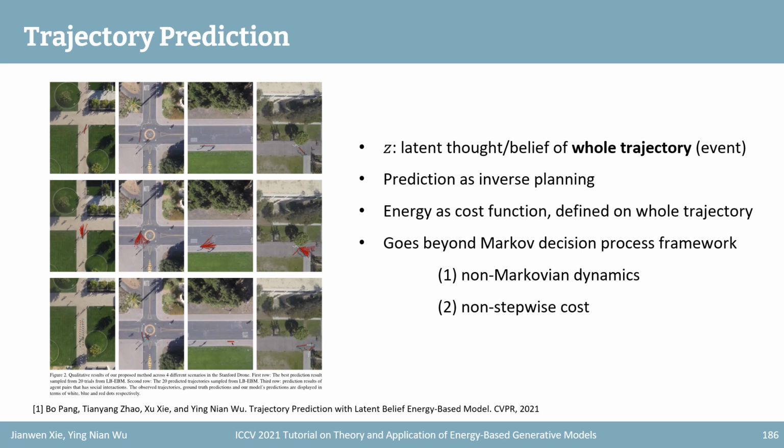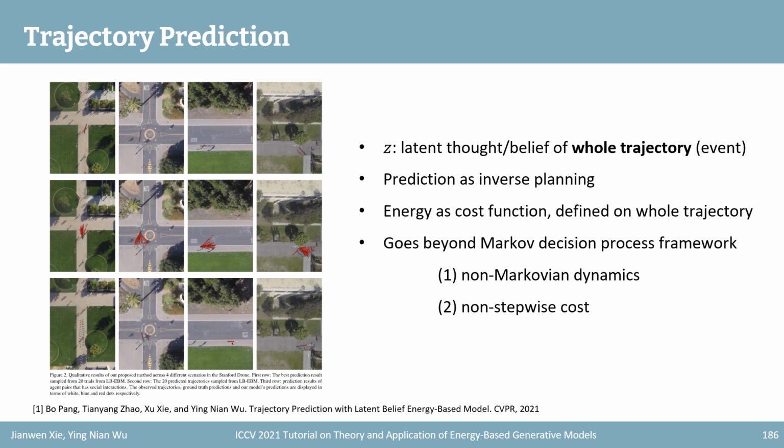This formulation, I think, is very important because it goes beyond the Markov decision process framework, which underlies modern reinforcement learning, deep reinforcement learning applications, in the sense that this model, first, doesn't assume Markovian dynamics. In fact, it puts a probability distribution over the whole trajectory.